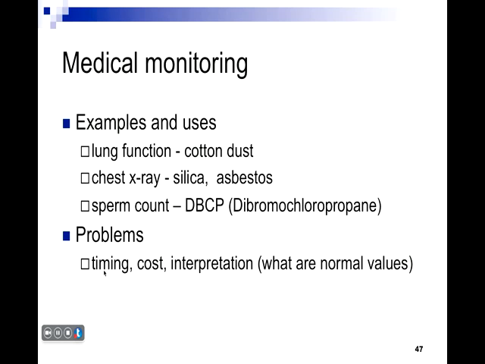So they went to the company nurse and they started testing some of the men for sperm count, which is not a normal medical test, and found that everybody that worked in this pesticide plant, where they produced the pesticide, a fumigant actually, called dibromochloropropane, was sterile.